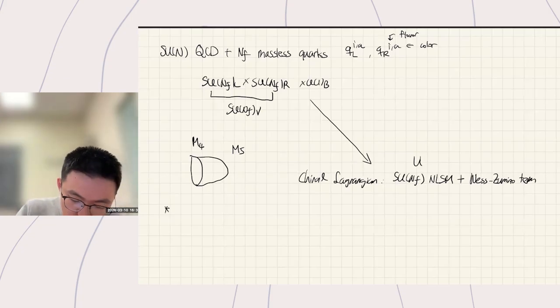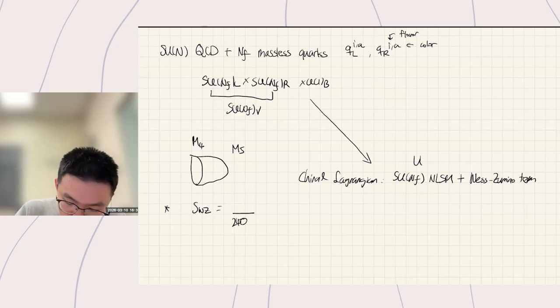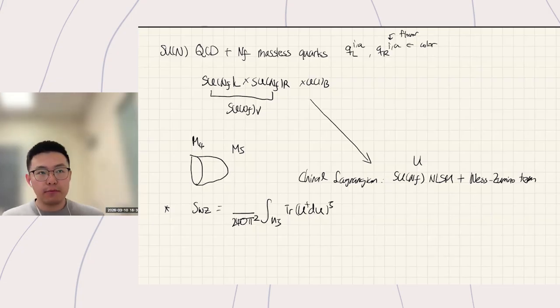Then we write down the Wess-Zumino term, which is basically an integral of a topological term in five dimensions. It is given by the trace of (U^{-1} dU)^5, and then we integrate over M5.